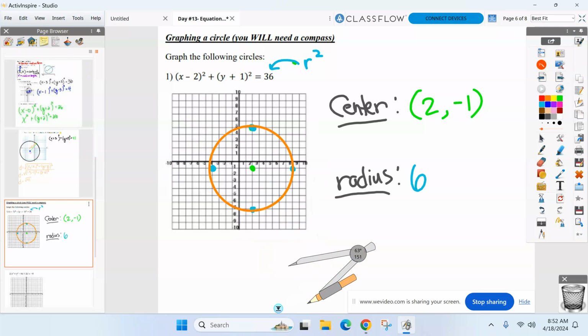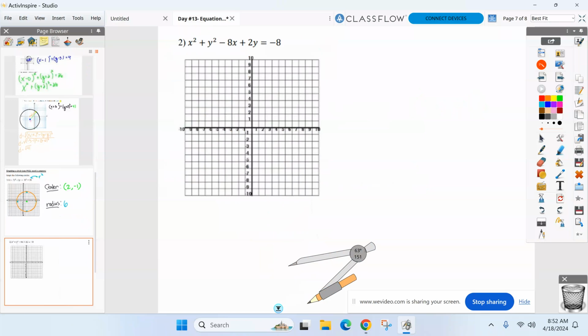All right, it's going to get messy now. Something different right away, huh? That's not the center radius form that we're used to, is it? But I still need the center and the radius from that.